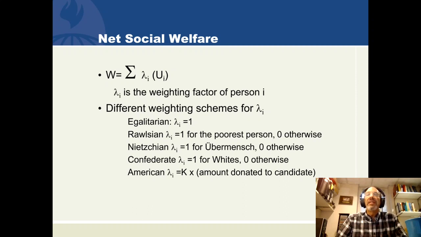There are different weighting schemes for lambda i. The most familiar one that you've seen before is that everybody is equal and all utilities count equally. Nobody counts more than anybody else. And so we just make lambda i disappear because we've set it equal to 1.